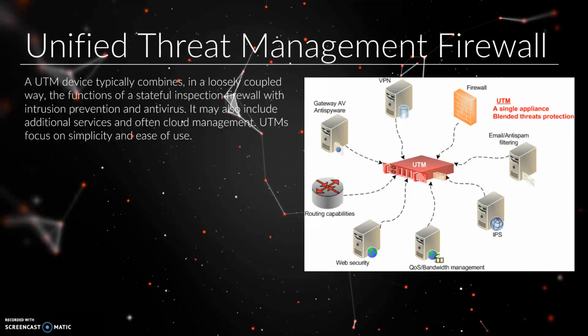So there's the firewall, the anti-spam filtering, the IPS, bandwidth management, web security, routing capabilities, anti-spyware, VPN, all of that is connected to just the UTM, which is where the ease of use and simplicity comes from. And since all of it is on one tiny device, and it has the stateful inspection firewall within it with the intrusion prevention and antivirus, that's basically why it's so easy to use, because all of it is run through one thing.